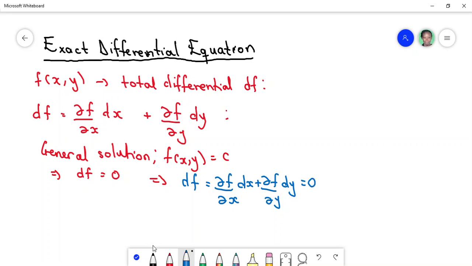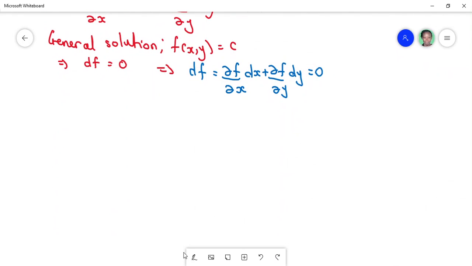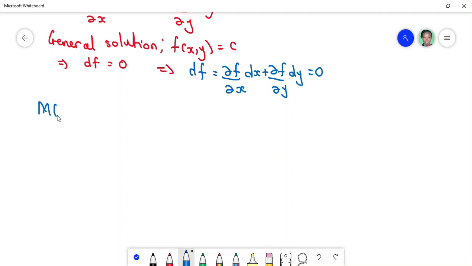You realize from an initial definition of a differential form, which said M of x, y dx, this is a differential form, plus N of x, y dy, is equal to what? 0.